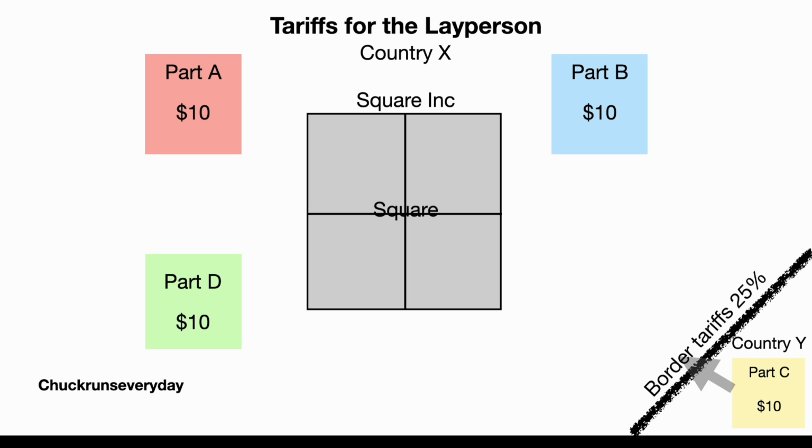So the customs at the border already collects 25% of the price of Part C, and it goes to Country X's government. So they charge that to Square Inc. So now Part C, when it gets into Country X at Square Inc., it will have cost Square Inc. $12.50. That's the 25% off the $10 that it usually costs them.